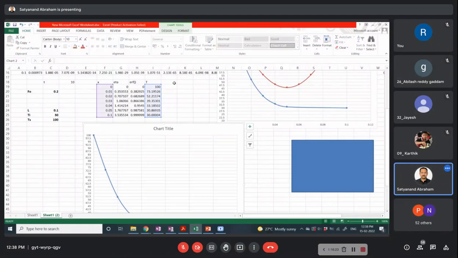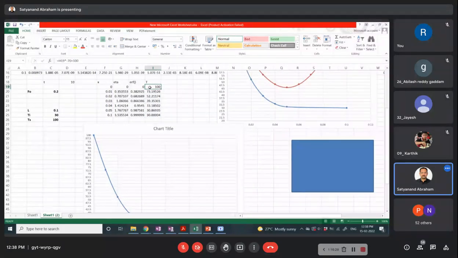So here, if you want to plot theta, that is T by T infinity, as a function of eta itself, then it will be only the error function, right?